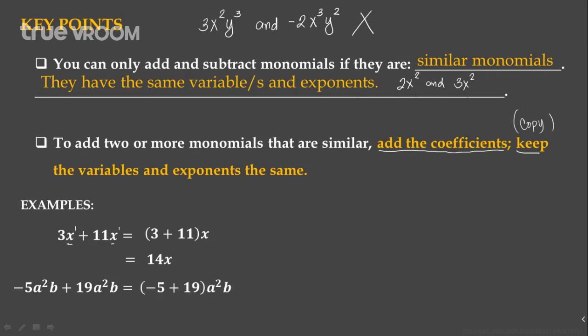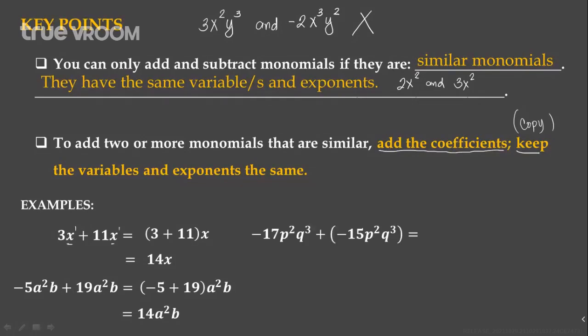We have negative 5 plus 19, and then copy the variable and the exponent. So what is negative 5 plus 19? 14. So your answer will be 14a squared b. Do you understand?